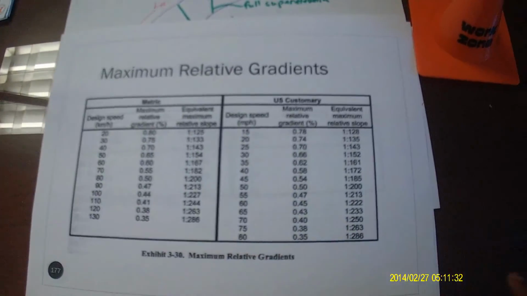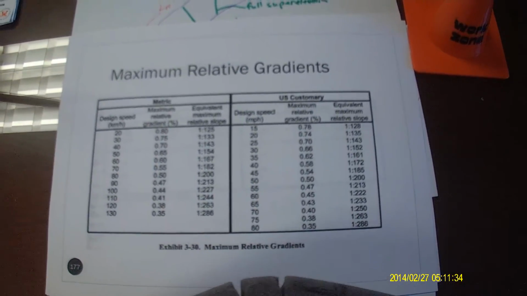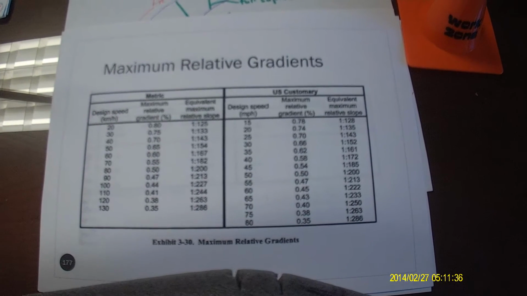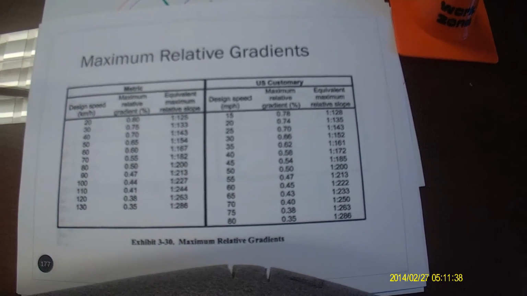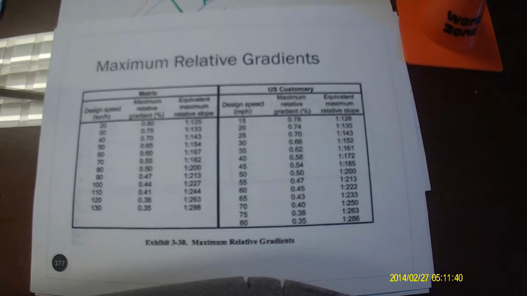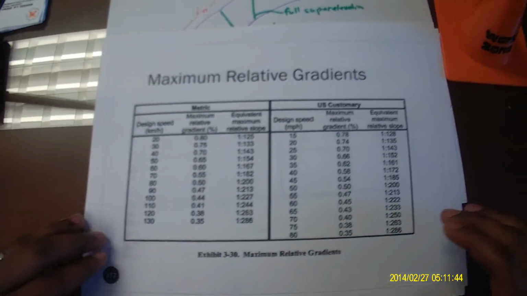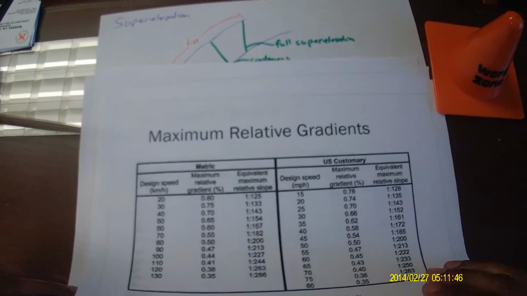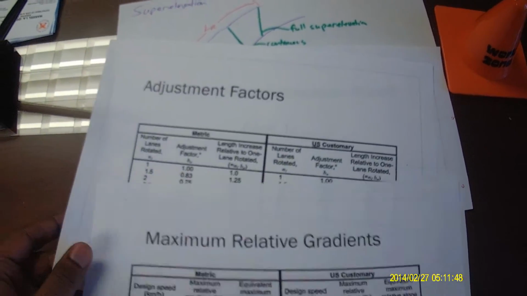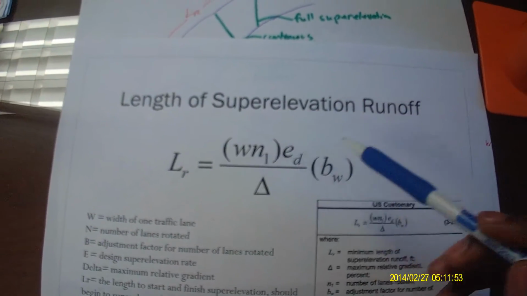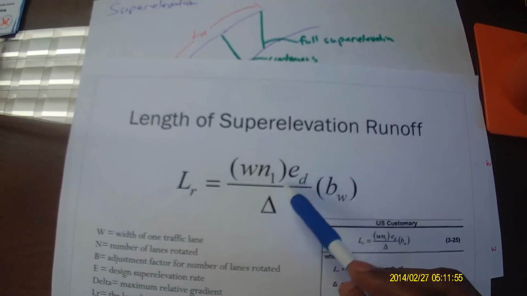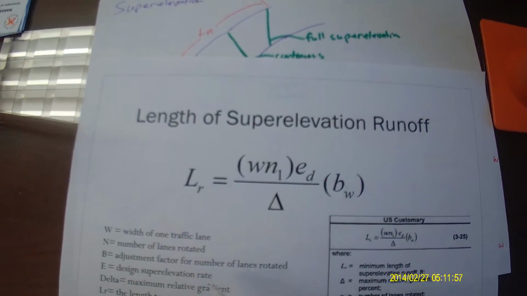For every 1 foot you're traveling up, you're moving 286 feet longitudinal. Okay, so that's pretty much the relative gradient, gives you an indication of how fast you are changing. All right, so both of those can be retrieved from tables, and everything else has to be given to you, or you can probably figure that out from other information that's given to you.